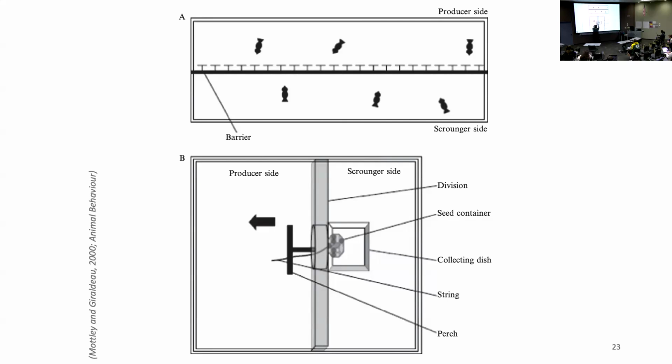It has quick access, like, aha, I'll go over here, but once it jumps over, all of the scroungers come over, and so it might get one seed, two seeds, three seeds. Other questions?